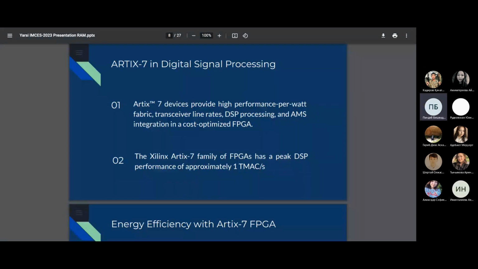The Xilinx Artix 7 family of FPGAs has a peak DSP performance of approximately GMACs per second.